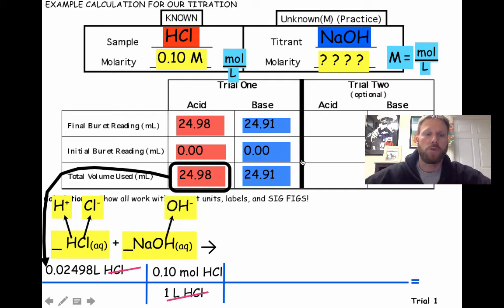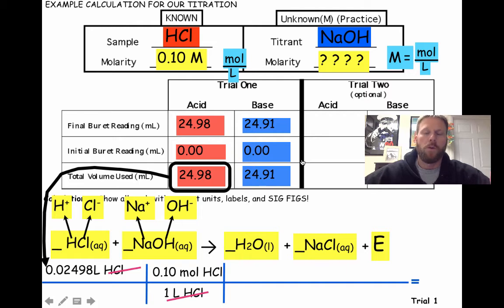NaOH will break up into Na plus and OH minus ions. We know H plus and OH minus are going to form water. Our salt will be the cation from the base, Na plus, and the anion from the acid, Cl minus. They're going to form NaCl. Remember, we also get energy.